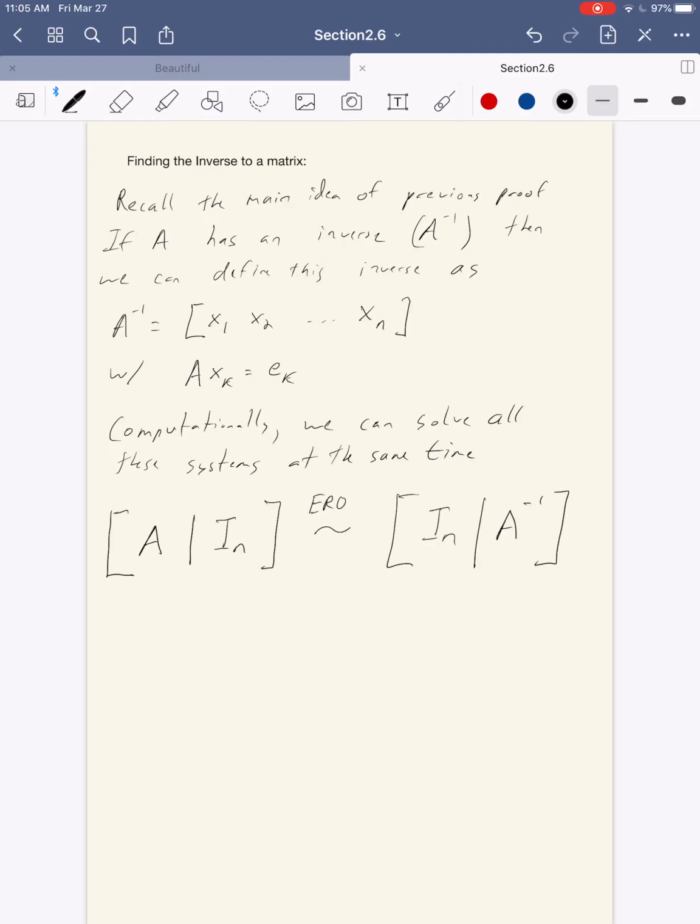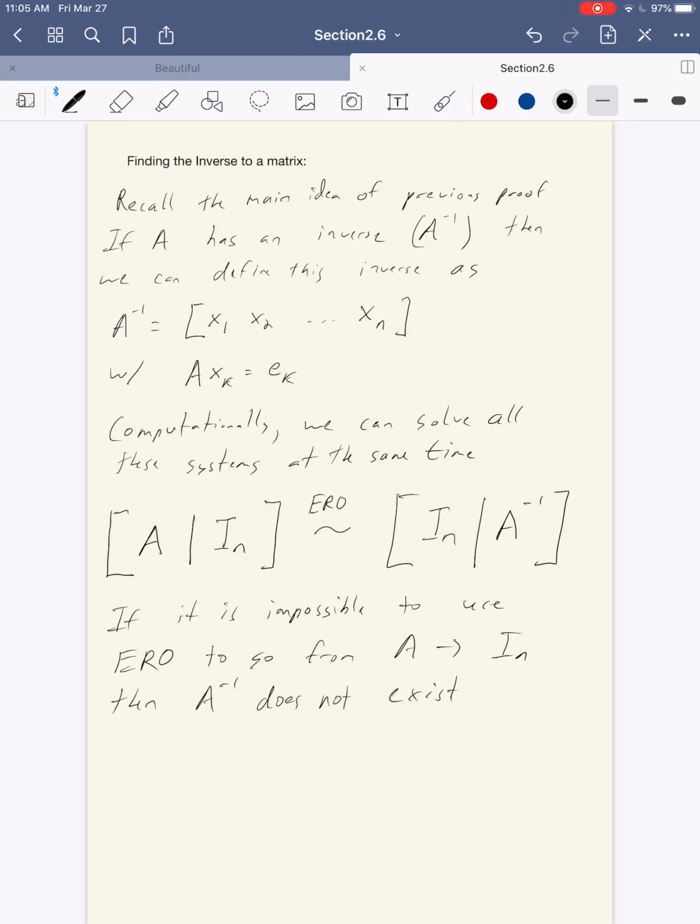Now, as you do this, if it is impossible to use elementary row operations to go from A to the identity, then A inverse does not exist.